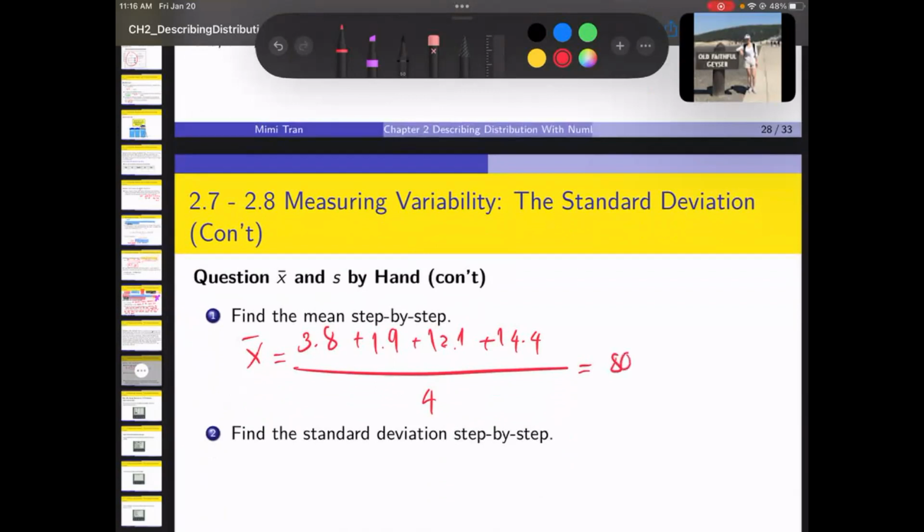That's what I got too: 8.05. Don't forget your unit, ppl. Oh, 8.05. Sorry, yeah, 8.05. My bad.